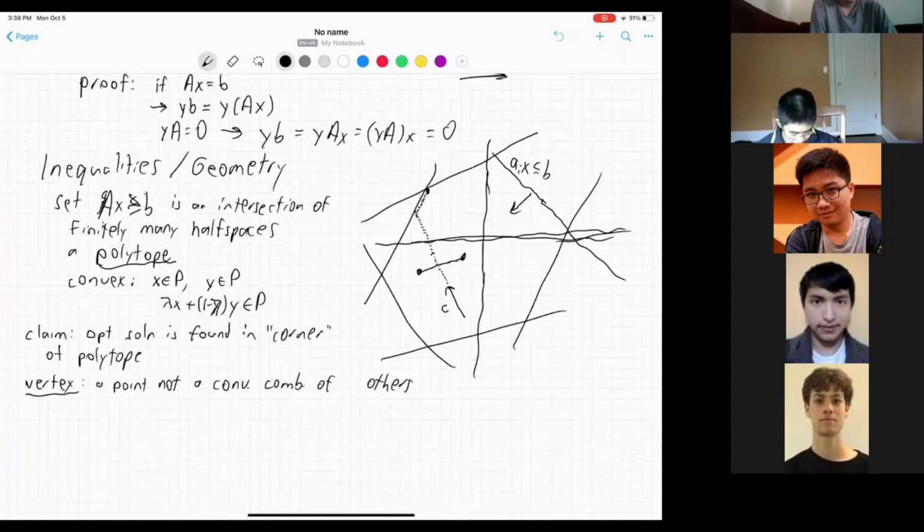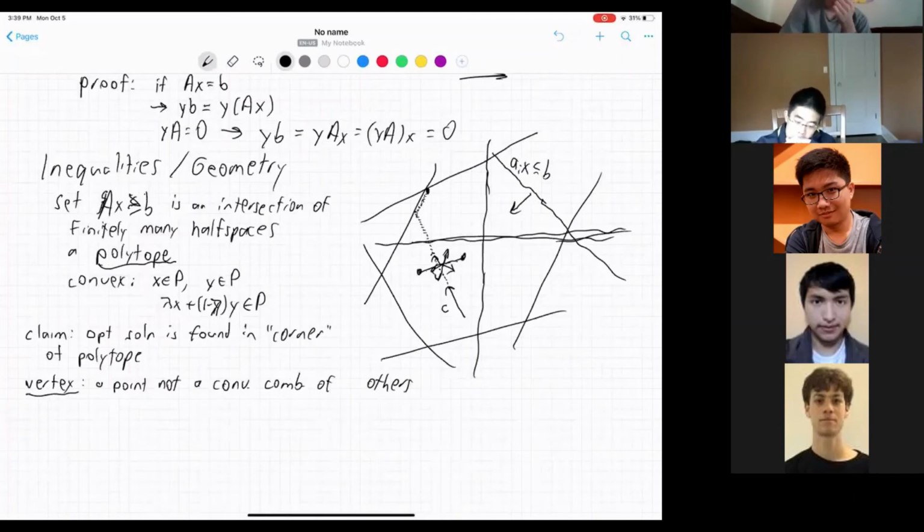So, you know, the points on this line are not vertices. And what that means is that they're not at the edge, they're not at the corners of the polytope. From anywhere on this line segment, you can basically move in any direction and still be in the polytope, okay? And if moving in any direction keeps you in the polytope, then for any objective function, there's a direction you can move in that improves it, okay?